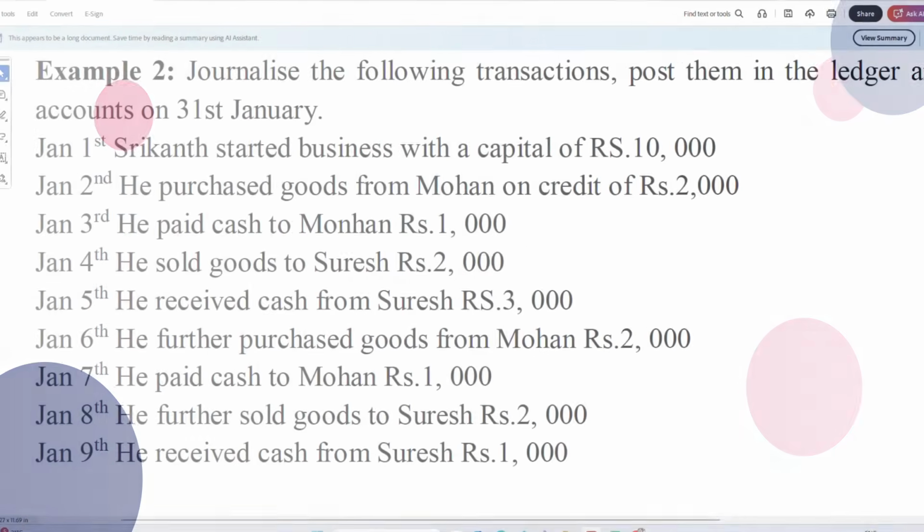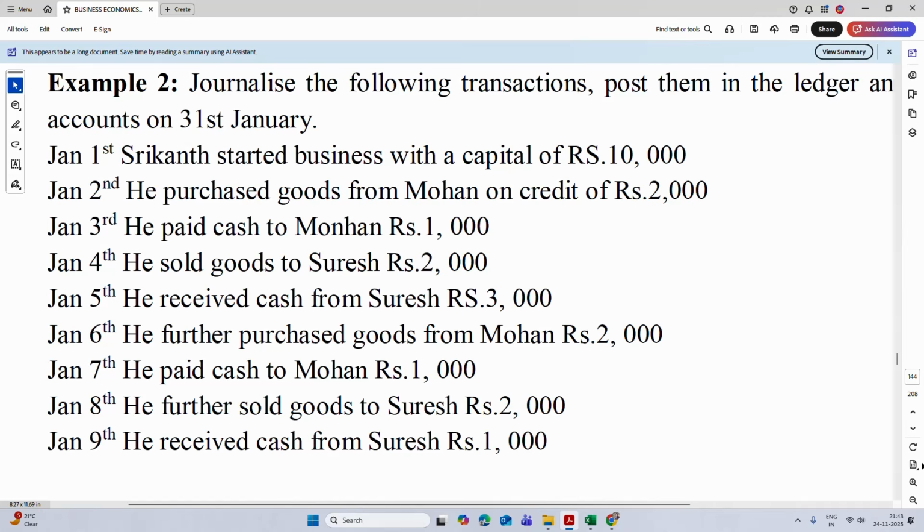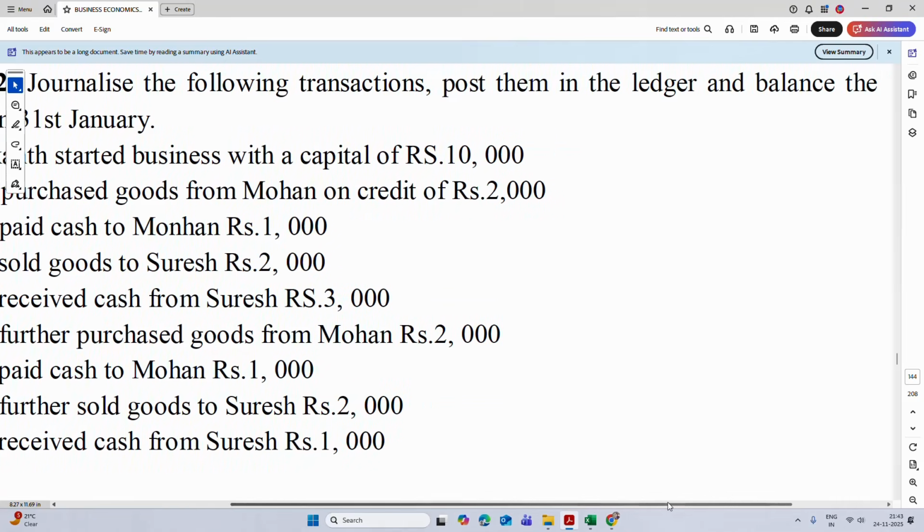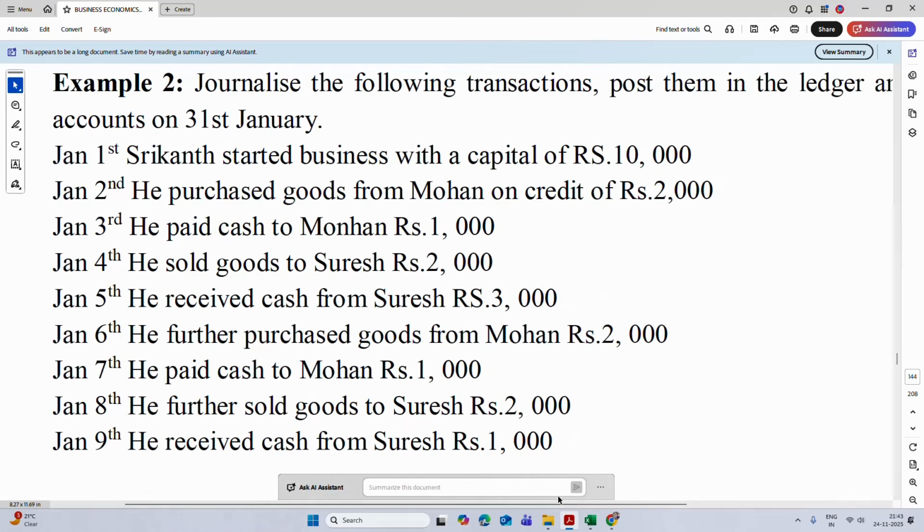Let's go to example number 2. Journalize the following transactions, post them in the ledger and balance the accounts on 31st of Jan. 1st Jan, Shrikant started a business with capital rupees 10,000. Jan 2nd, he purchased goods from Mohan on credit worth rupees 2,000. Jan 3rd, he paid cash to Mohan rupees 1,000.